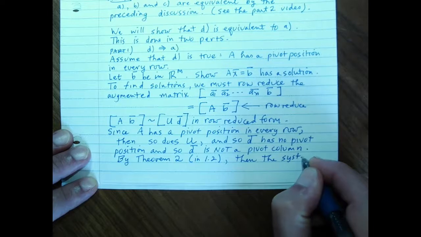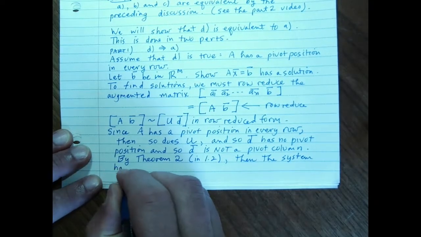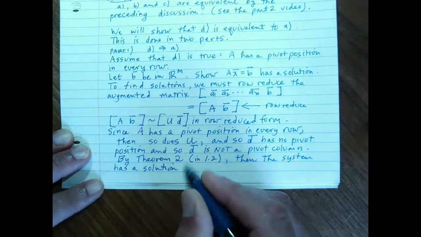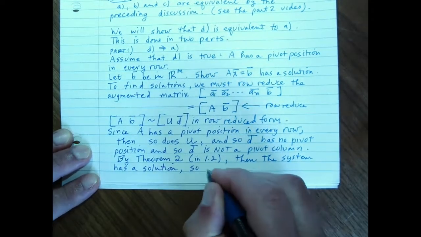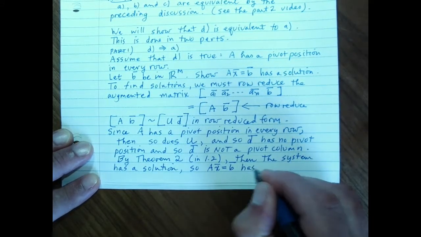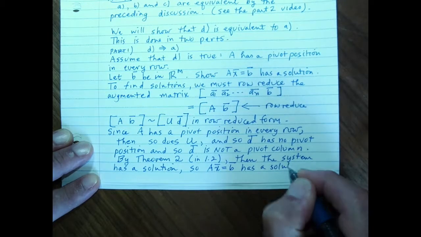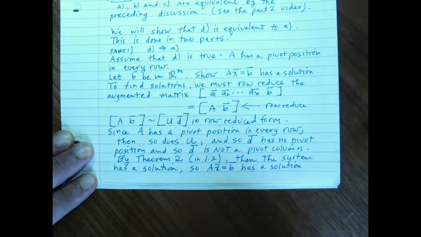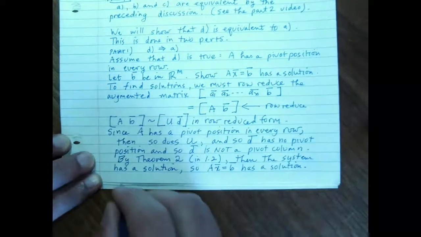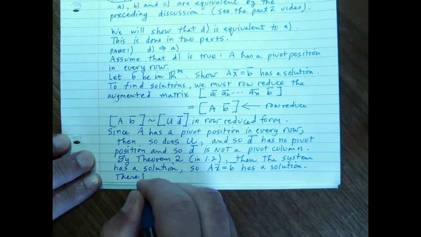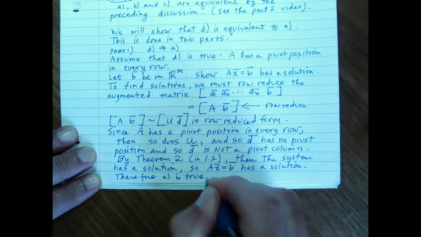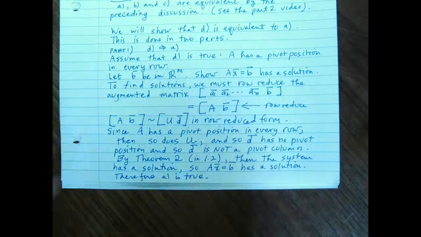And the system has a solution. So Ax equals b has a solution. And what that means is, therefore, A is true. We have shown that D implies A.